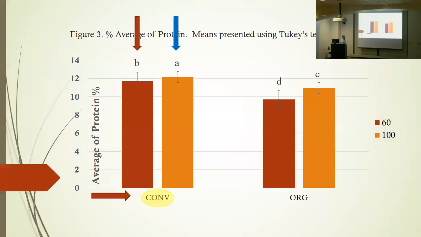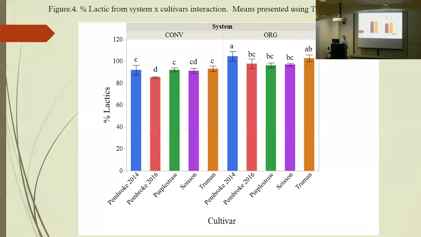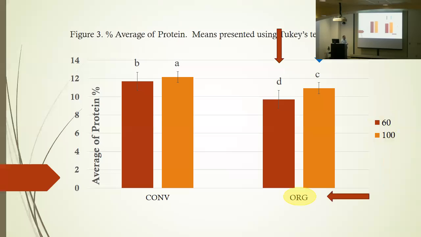Within the system itself, there is also a significant difference in conventional and in organic. Moreover, 100 rates gave a higher value for both systems.